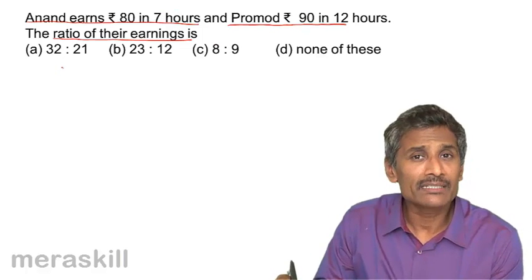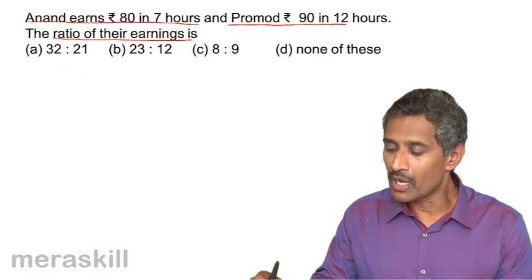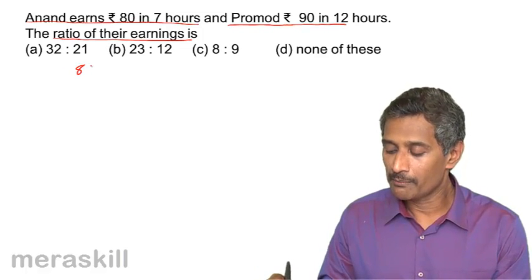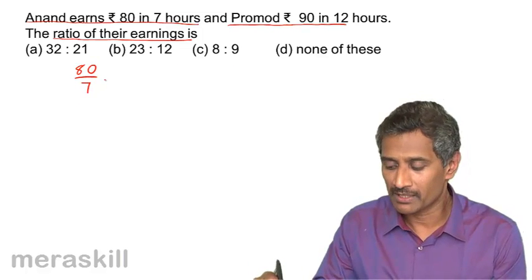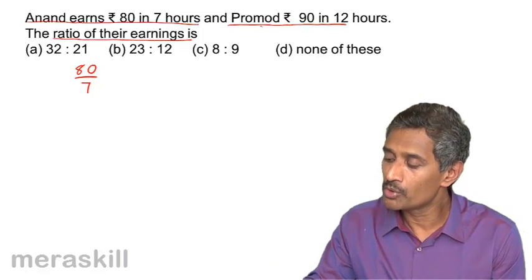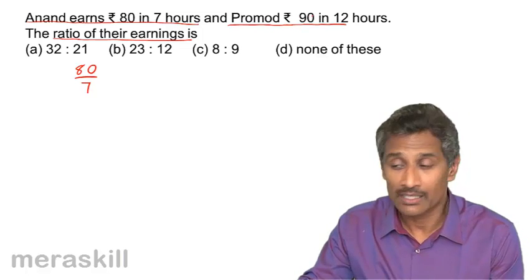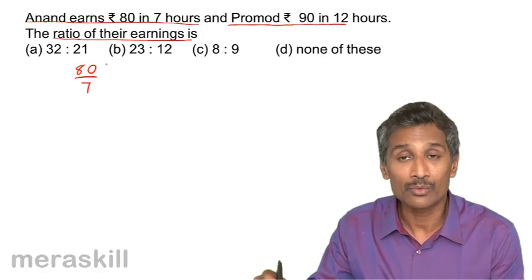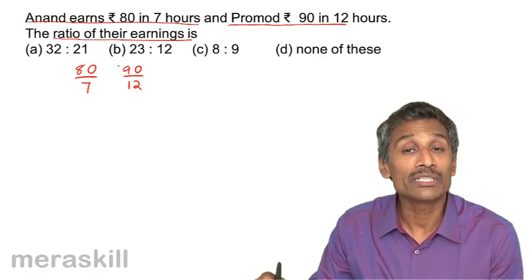So let's take it in terms of earnings per hour. That is their ability to earn. So Anand's rate of earning per hour is, say, 80 by 7. We'll try an alternate method too. And Pramod's rate of earning: in 12 hours, he earns 90 rupees. So that means in 1 hour, he earns 90 by 12. And you need to find the ratio.